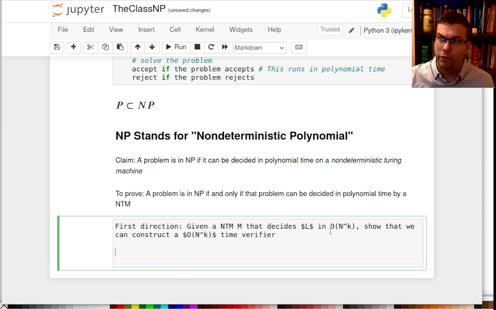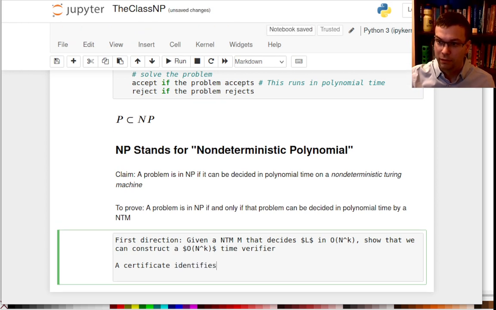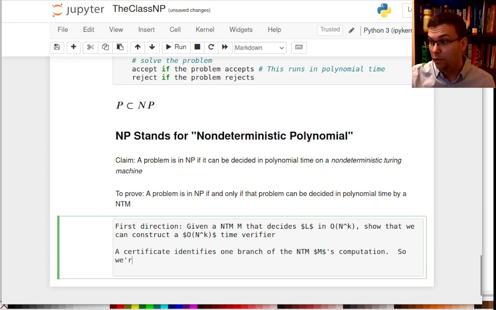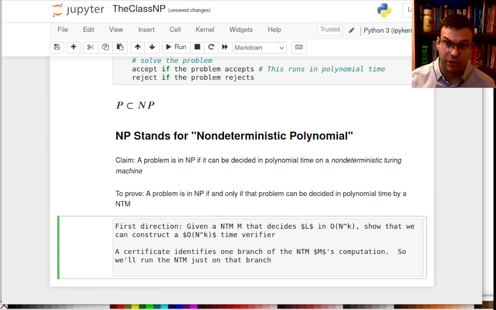Well, back when we were showing the reduction from a non-deterministic machine to a deterministic machine, we showed how we could use breadth first search to keep track of the different branches of the computation. So basically, a certificate identifies one branch of the non-deterministic Turing machine M's computation. So we'll run the NTM just on that branch. Remember that was how we were able to simulate a non-deterministic Turing machine.